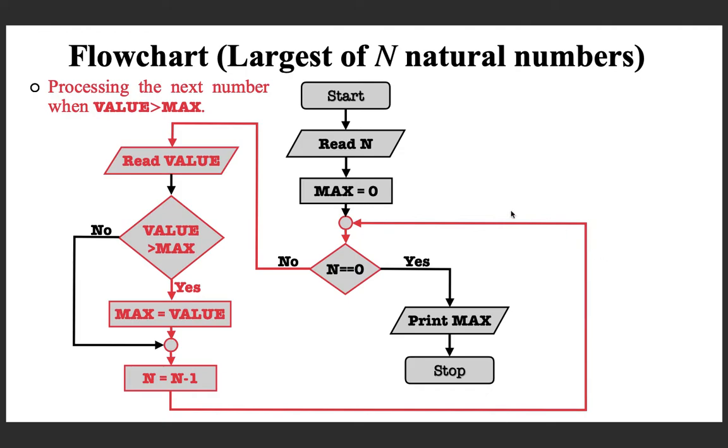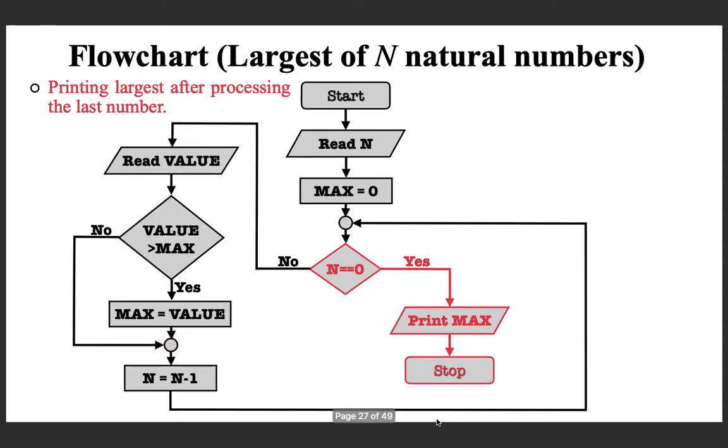And again, you are going to repeat the same. Maybe next time it is the other case, where you are reading a new value, but the newly read value is not greater than maximum. So the answer is no. In that case, you don't have to modify the maximum. You are directly going to the next number. So eventually, you will finish processing all the n numbers, and finally, after processing the last number, you have the maximum value obtained in max.